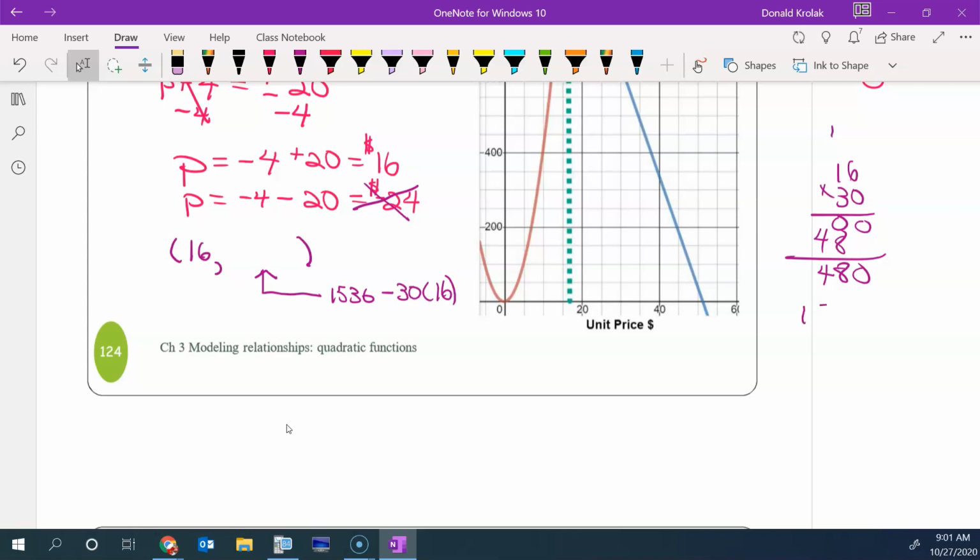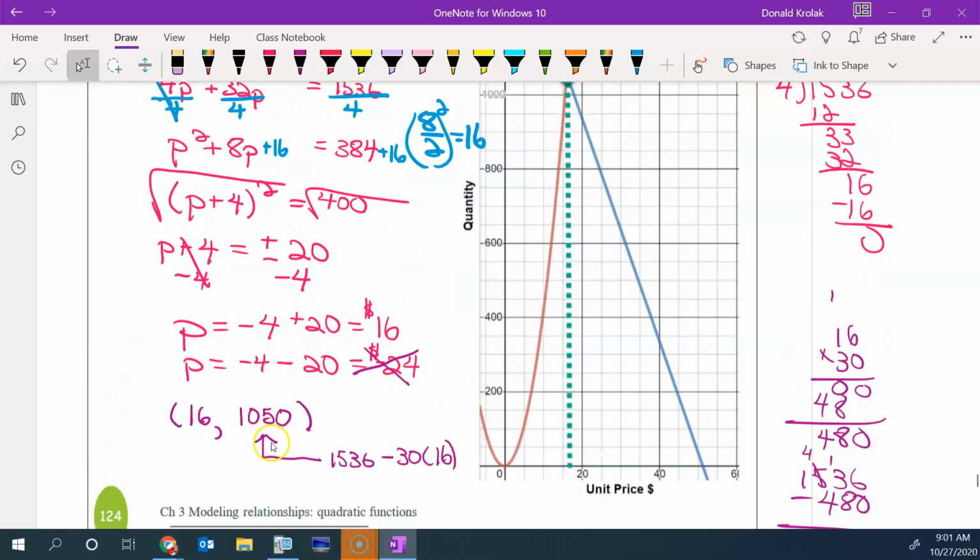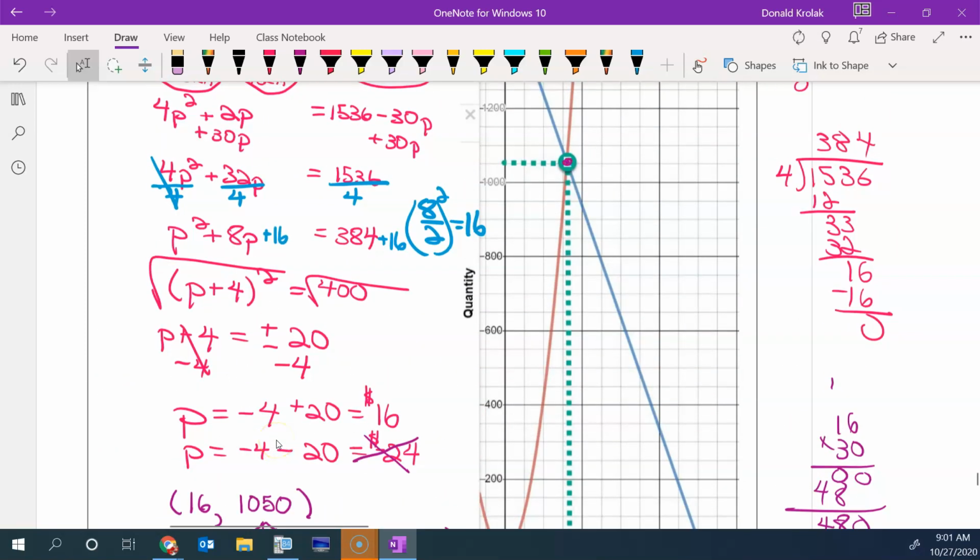It's 480. This would be 1000, which is where this point is right here.